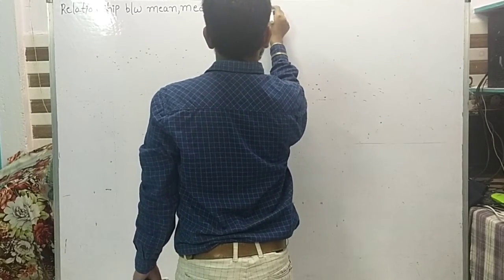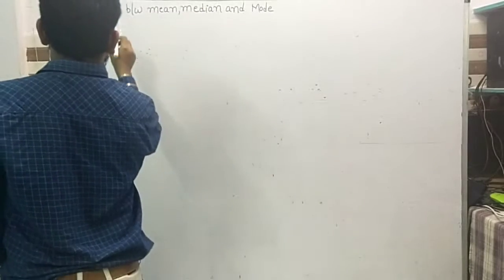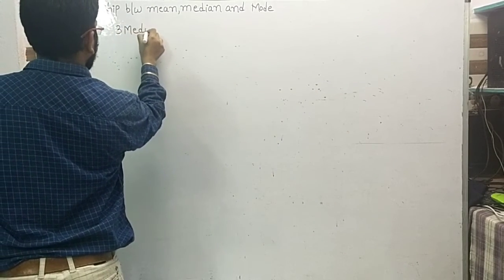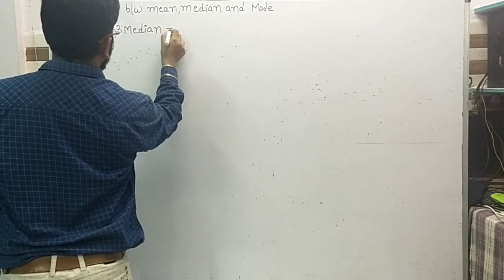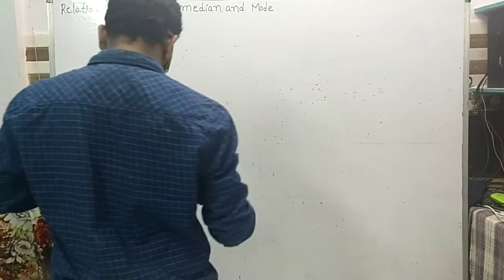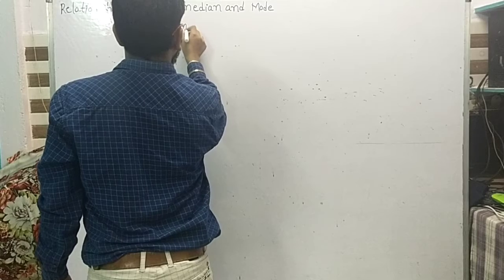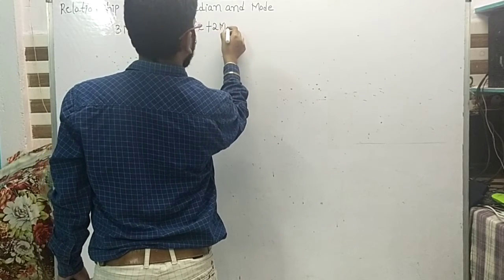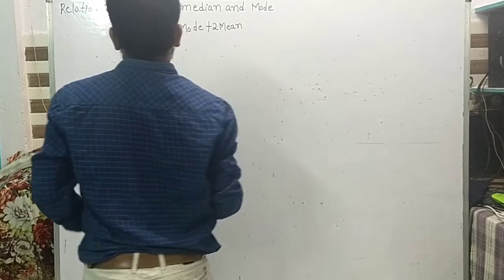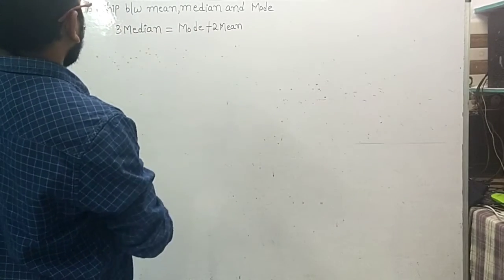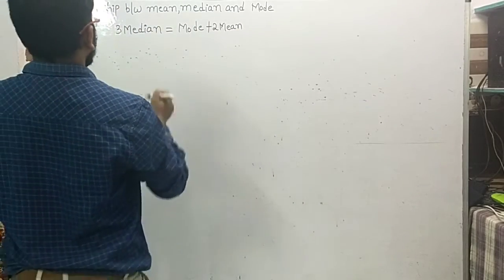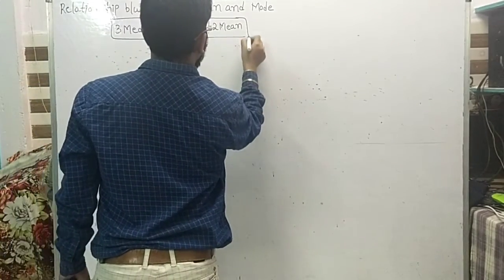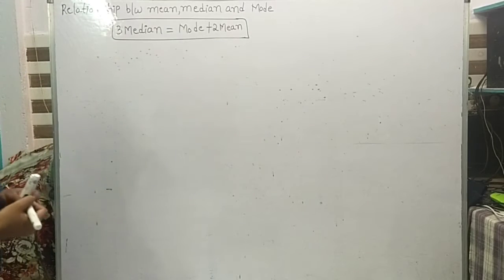What is the formula? 3 median equals mode plus 2 mean, mode plus 2 times the mean. Okay, this is the relationship between mean, median and mode.